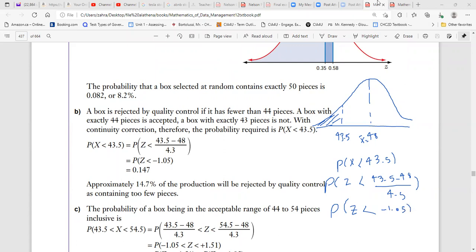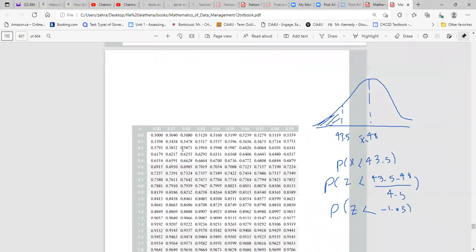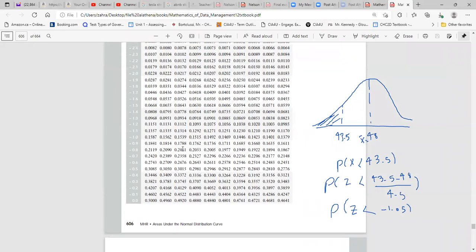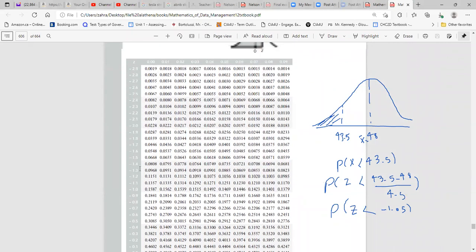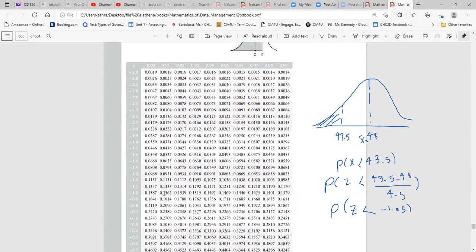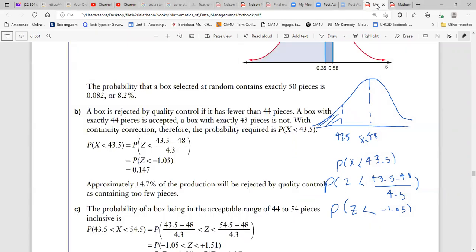Then you go to the table again: negative 1.0 here, and 5 there, 0.1469. That is approximately 14.7%.